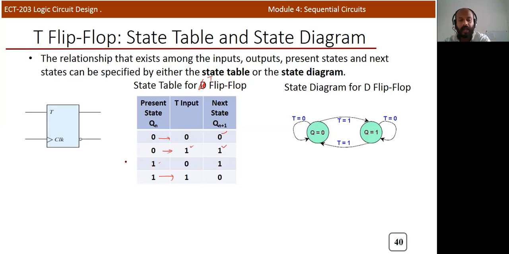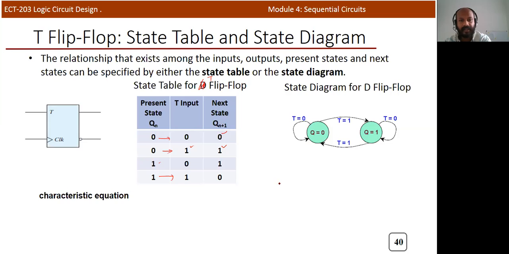Okay, and when Q is equal to 1 and T input is 0, it will stay in that particular state, and finally when Q is equal to 1 and T is equal to 1, it goes back to the other state.